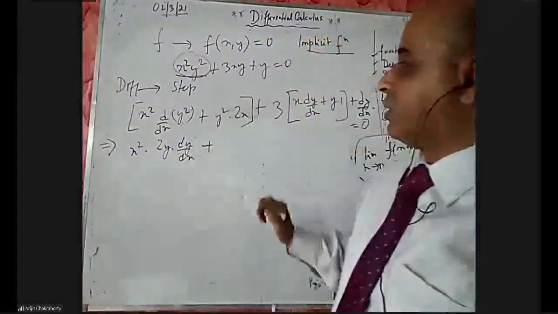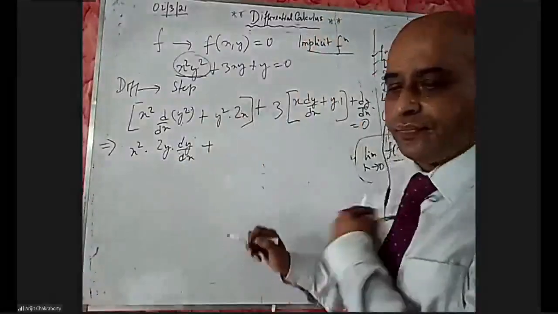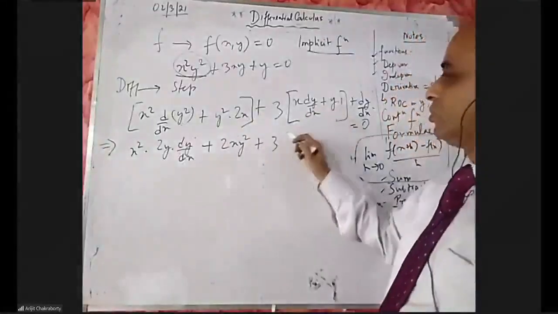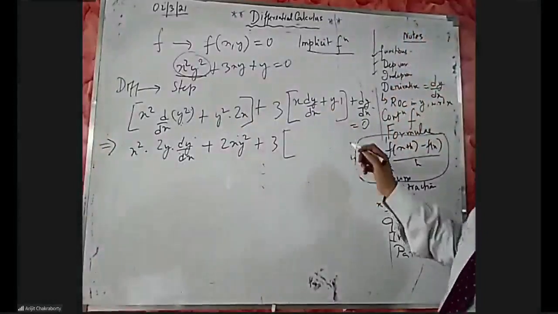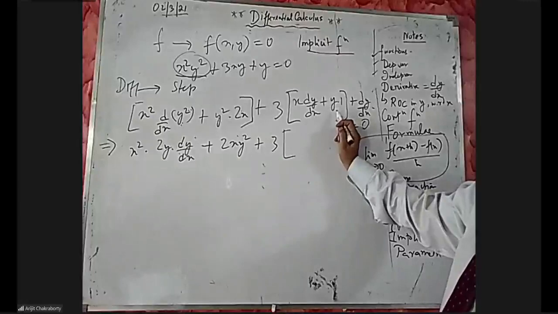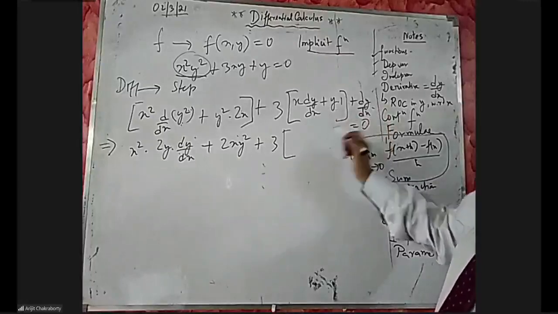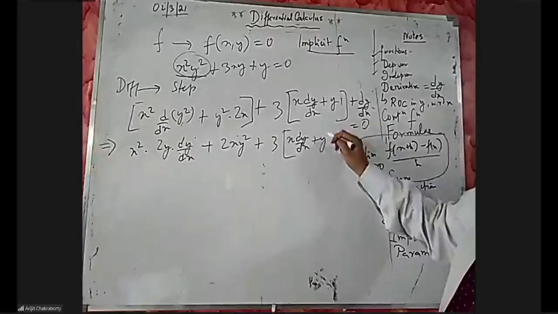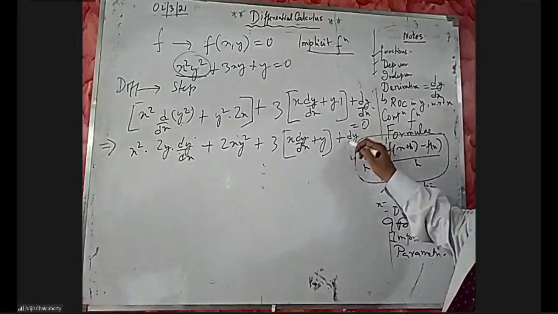Plus, we have here 2xy square. So I write 2xy square plus 3 into this whole expression, that is x dy by dx plus y, plus dy by dx outside.